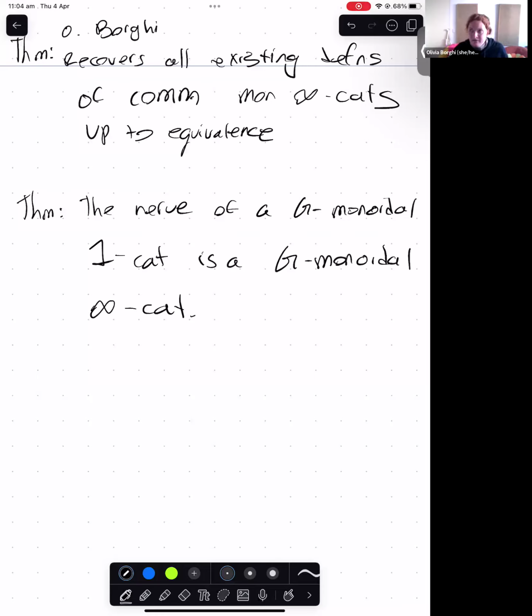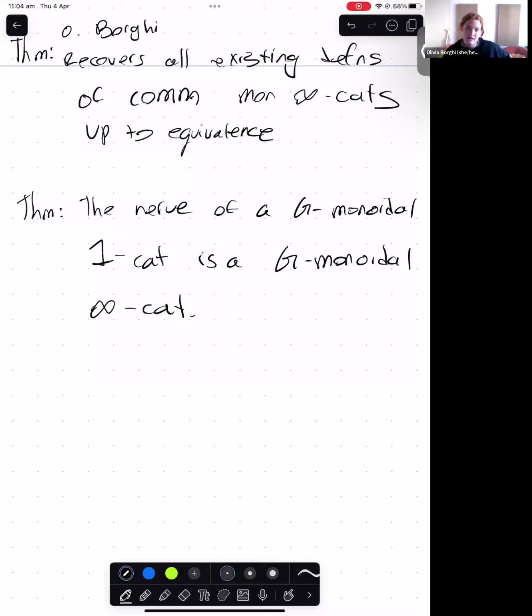Short answer, I don't know. Long answer, I originally came up with this plan where I was just going to take the nerve of the groupoids and then take the homotopy coherent nerve. I later found out that that's equivalent to the Duskin nerve. If I look up the Duskin nerve in a book, there's a different definition, because a category enriched in groupoids is a particularly nice two category, and the Duskin nerve works for two categories. So it is defined differently, but it corresponds to that in this case.